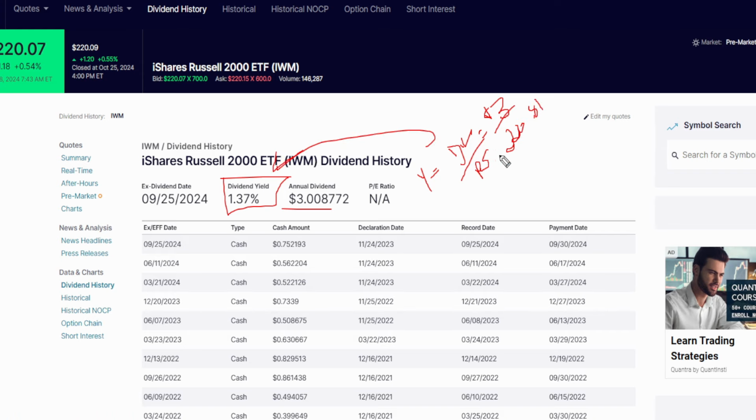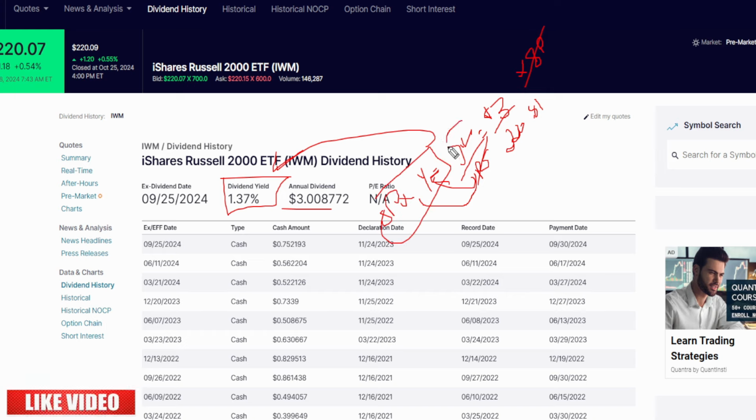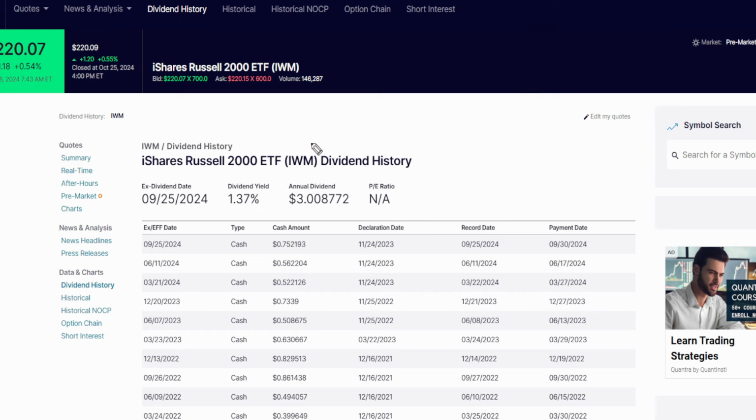Or if you multiply both sides here by the share price, of course this cancels with this, and then this multiplied by the share price, you get your dividend, or your price with the $3, like I said to you guys. If you do the share price times 1.37, you get this thing here. So very, very simple. It's just cross multiplication math.